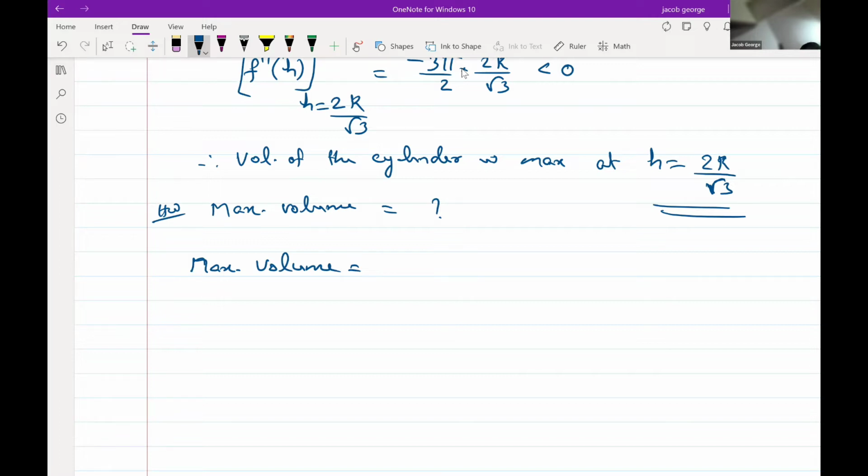Okay, so from there you will simplify to get the maximum volume. So I will write like this: pi r square h minus h cube pi by 4. This is the volume we simplified.